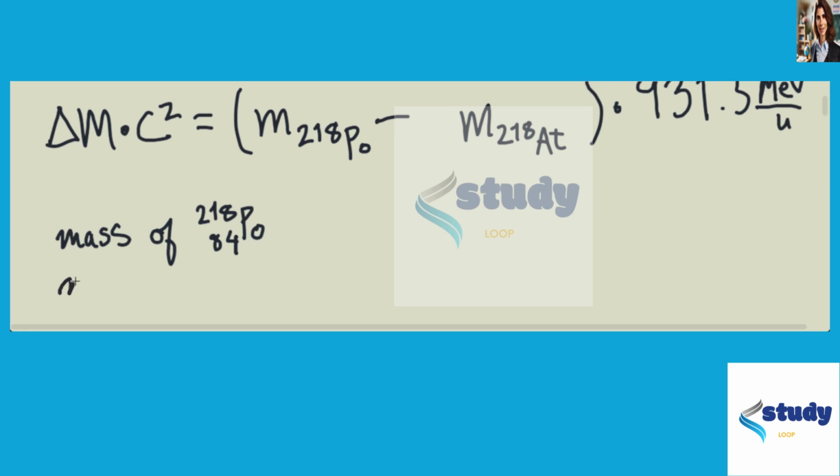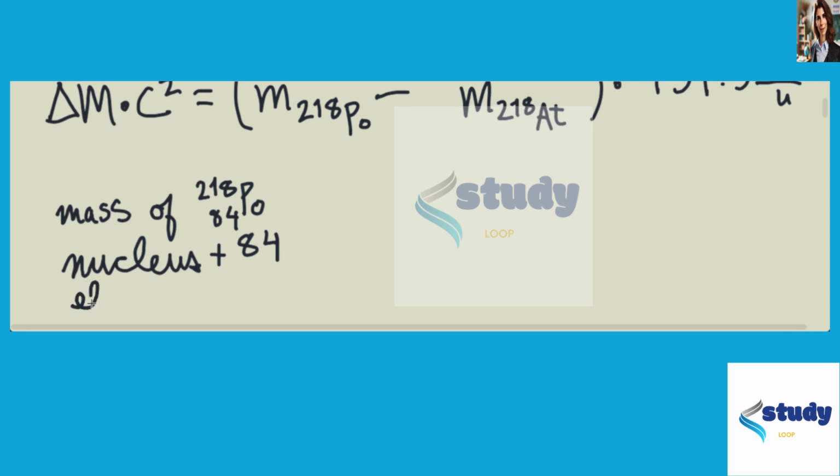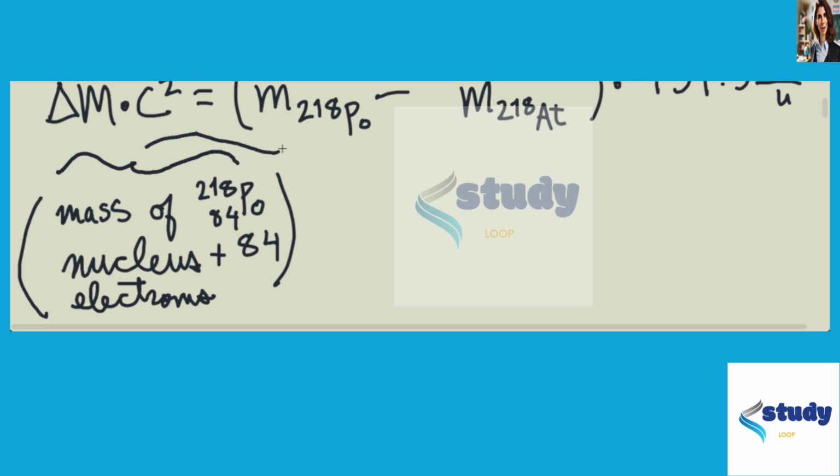That is the mass of the nucleus plus 84 electrons.